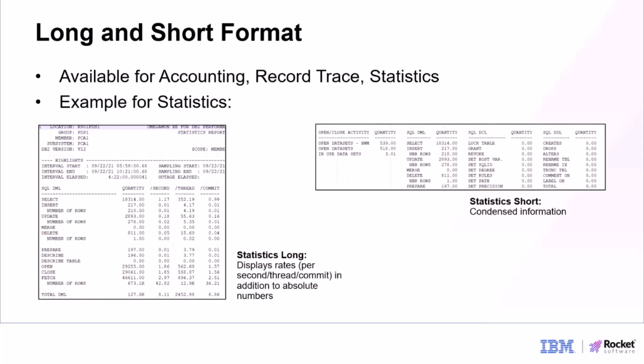So depending on what type of information you need, maybe you want to run a daily short report to give you just a summary of activity. And in the event that you might have encountered some sort of performance issue, you may want to choose to run the long report. So you can choose that level of detail in your output for your different batch reports.